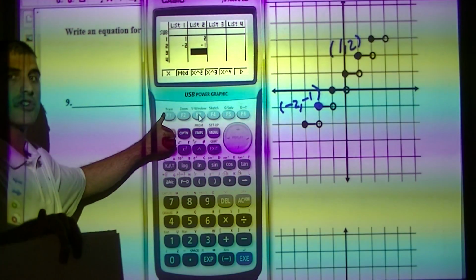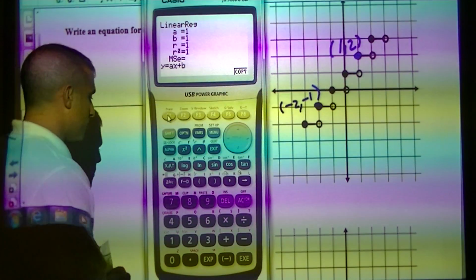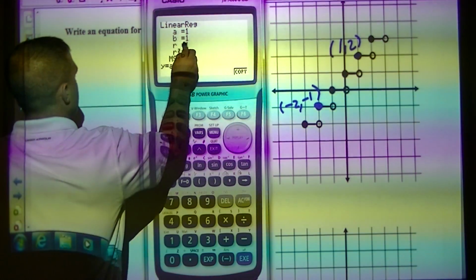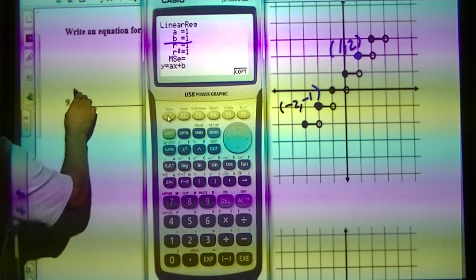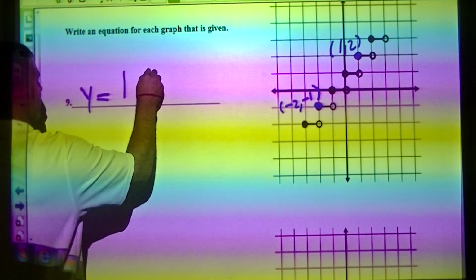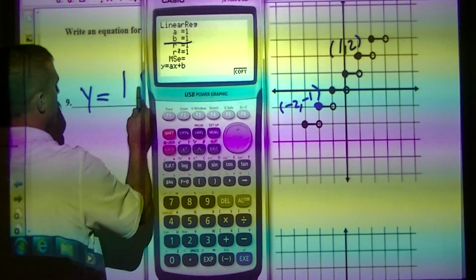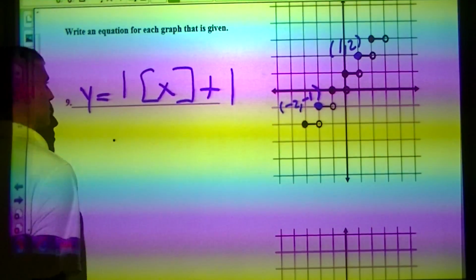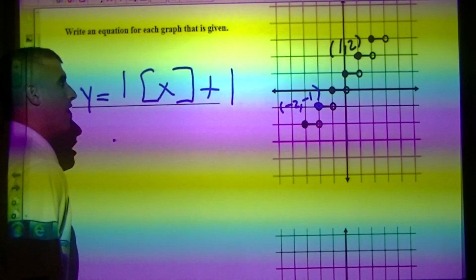Now on yours, you'll go to ax plus b. You just hit that one, and basically all we care about here is only this part up. So that means I'm going to have a 1 in front of the step function, and then I'm also going to have a 1 after the step function. And that's a very simple way to do the equation of that step function.